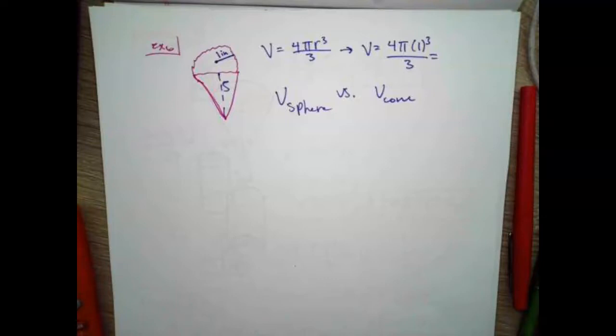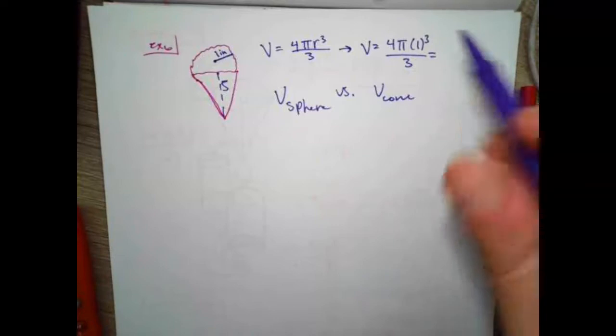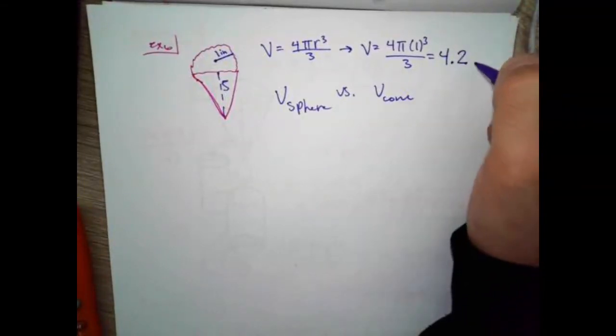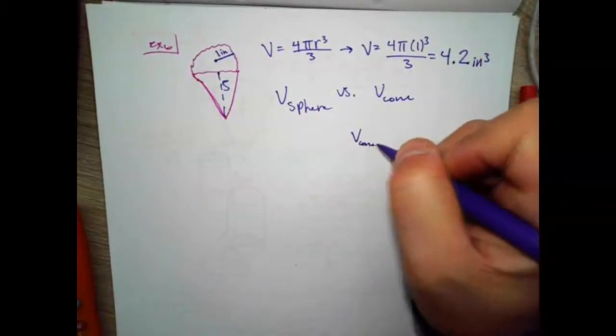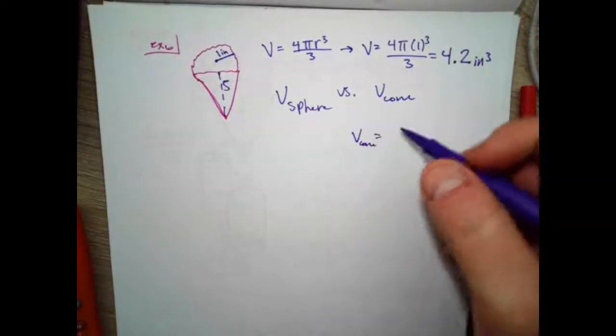Let's see what that is. 4 times pi divided by 3. Remember, 1 cubed is just going to be 1. So the volume of the ice cream is about 4.2 cubic inches.